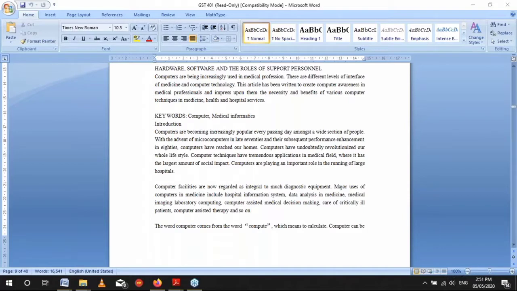I want us to note this very well, because you may be asked to identify the 3 units under hardware. And while you are identifying these 3 units, you have to explain them. And under this CPU, it has 3 constituents. You may also be asked to identify the 3 major things that constitute the CPU.